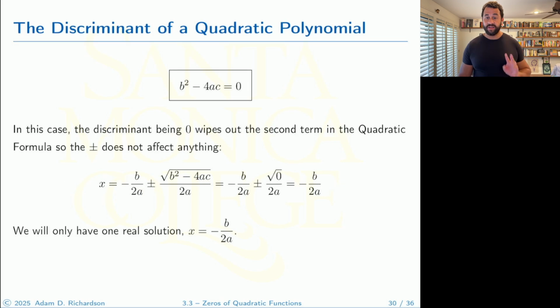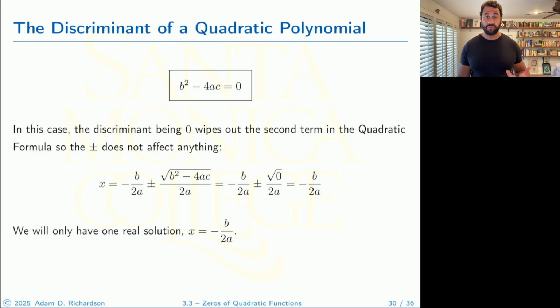Now, check this out. If your discriminant is equal to zero, then that essentially wipes out the second term in the quadratic formula. If this thing is zero, well, the square root of zero is zero. Zero divided by 2a is zero. And so this whole term gets wiped out, and you're just left with negative b over 2a.